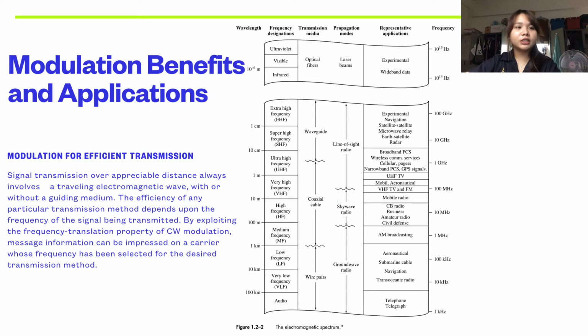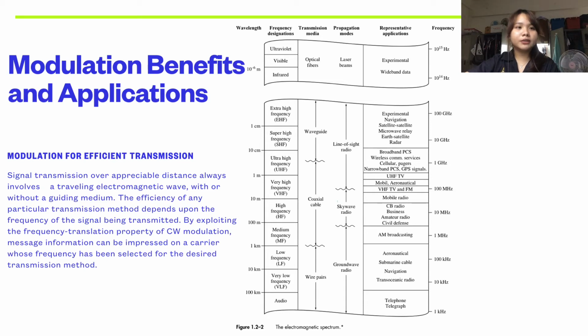Modulated transmission at 100 MHz, as in FM broadcasting, allows a practical antenna size of about 1 meter. At frequencies below 100 MHz, other propagation modes have better efficiency with reasonable antenna size.